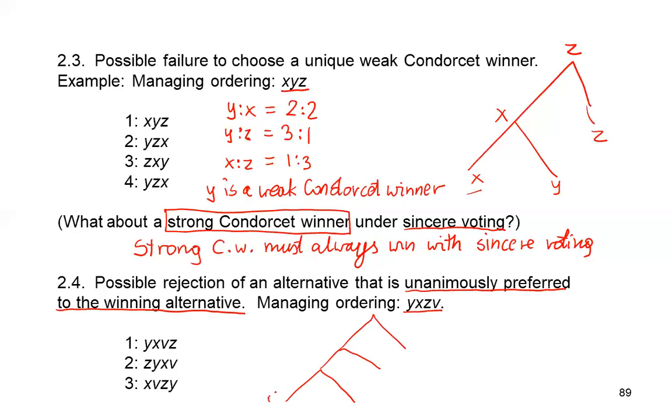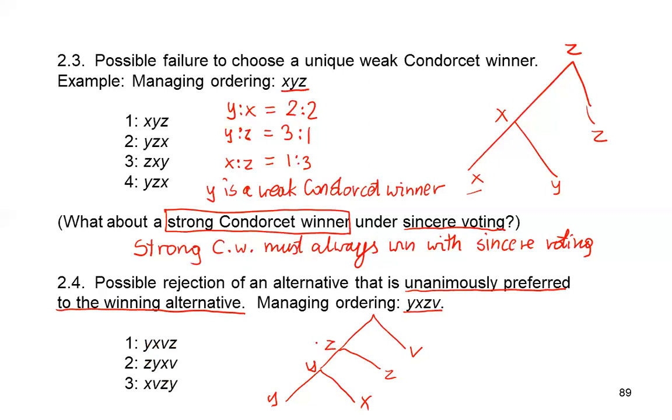So let's do this. It's Y versus X, then Z and V. So Y against X, who is the winner? YX, YX, XY. So Y is the winner 2 to 1. Y against Z: YZ, ZY, ZY. Z is the winner.